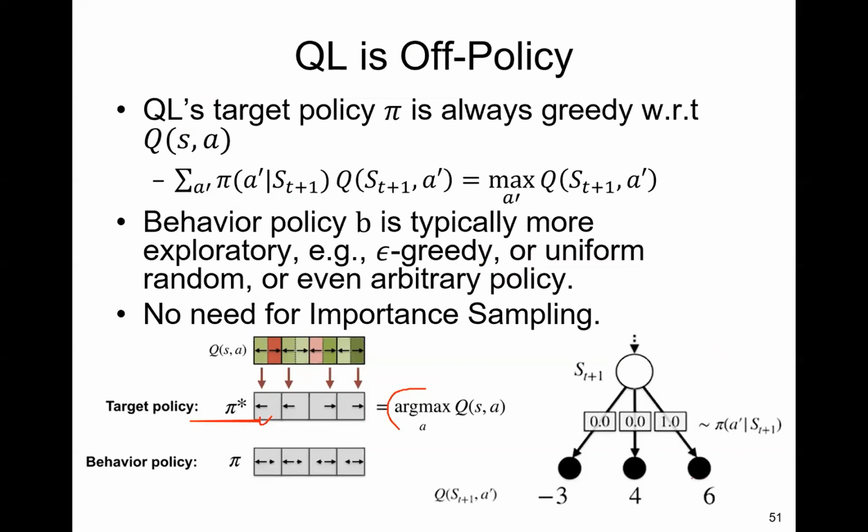On the right, suppose from state S t plus 1, you have three possible actions A prime, and one has a Q value of -3, one has 4, one has 6. You take the max, and you update the previous Q by this 6. The other two do not matter.